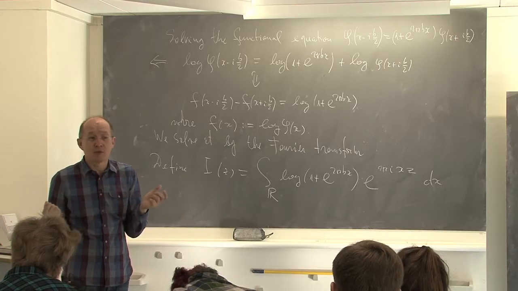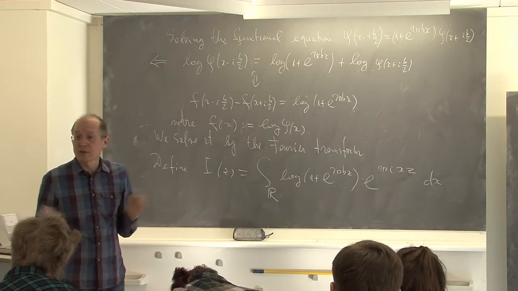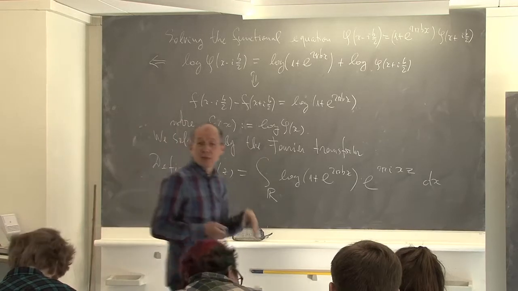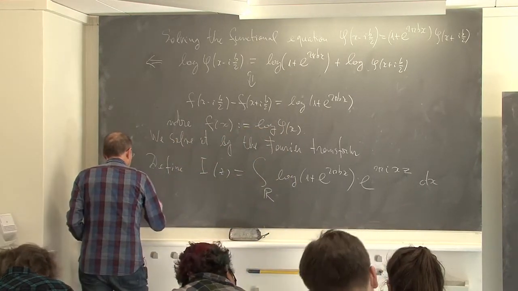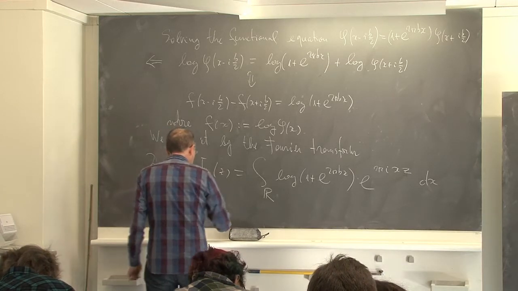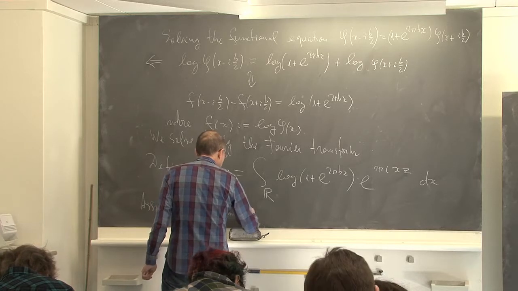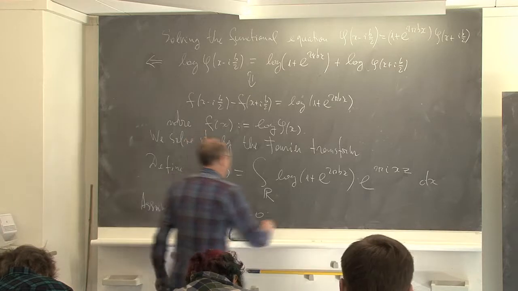And that's the definition of the Fourier image of the tempered distribution. So that's the thing. But let us do it just in the complex way. So assume that the imaginary part of z is positive.